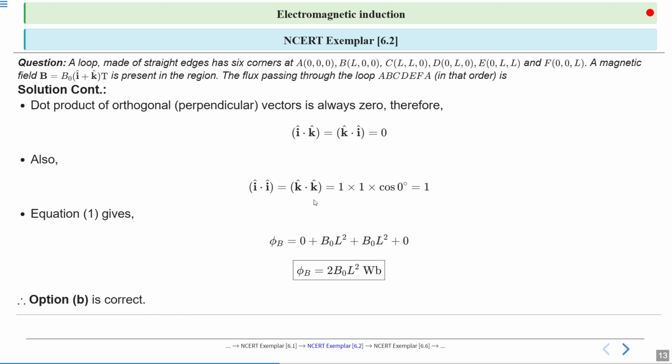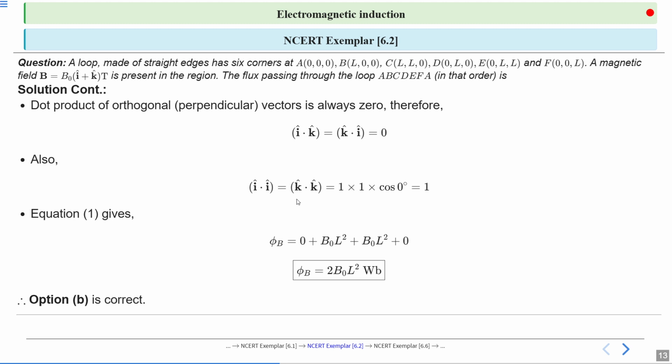Okay, so you have to learn all the properties of dot products. You will need the dot product and cross product in further topics also, so you have to learn all these properties.